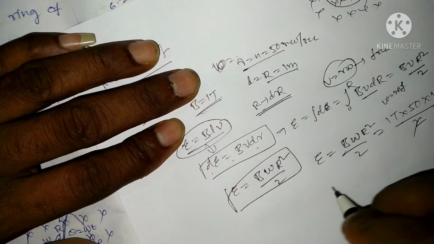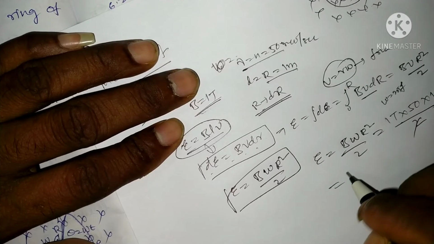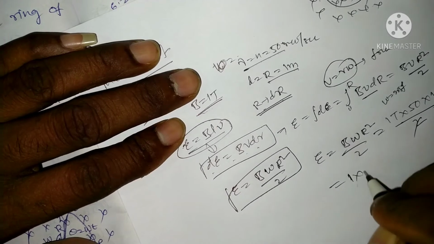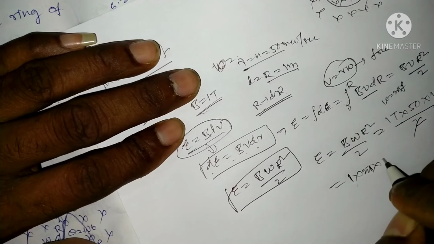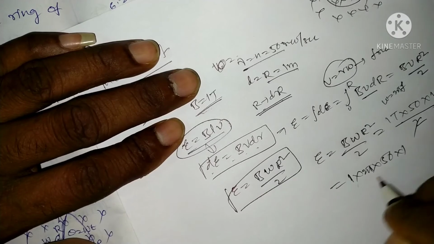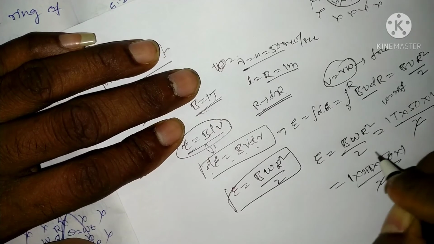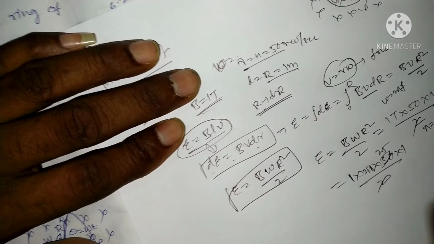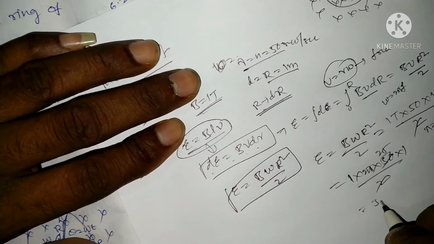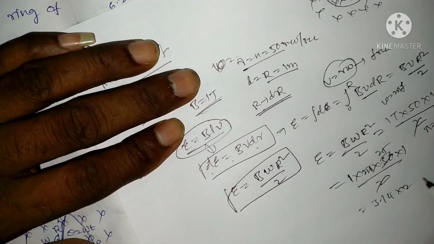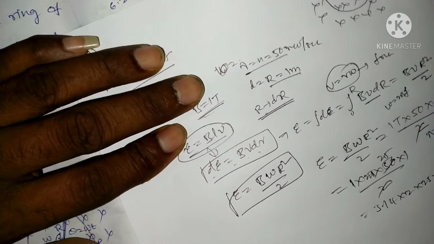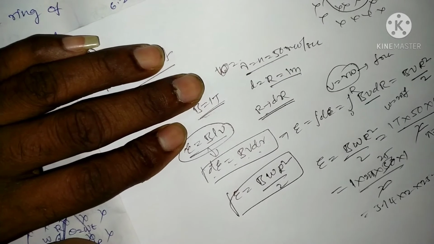Substituting this value in the formula: E is equal to 1 into 2 pi into 50 into 1 by 2, that is 25 pi, equal to 3.14 into 2 into 25, we get 157 volts.